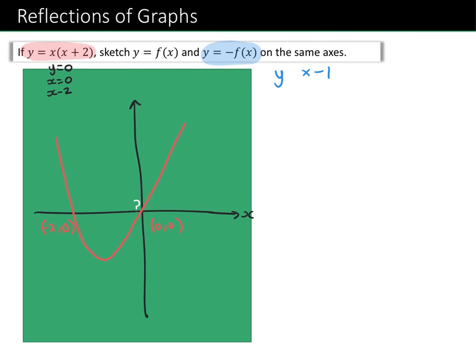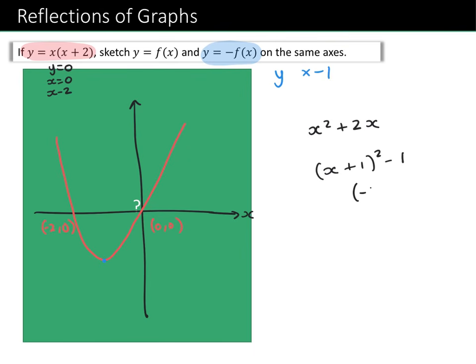Okay. It does change the graph, but in this one, because all of the coordinates that we've just put on there are 0, it's hard to tell, isn't it? But if we looked at this minimum point, for example, so if we complete the square on x squared plus 2x, I'm going to get x plus 1 squared minus 1.